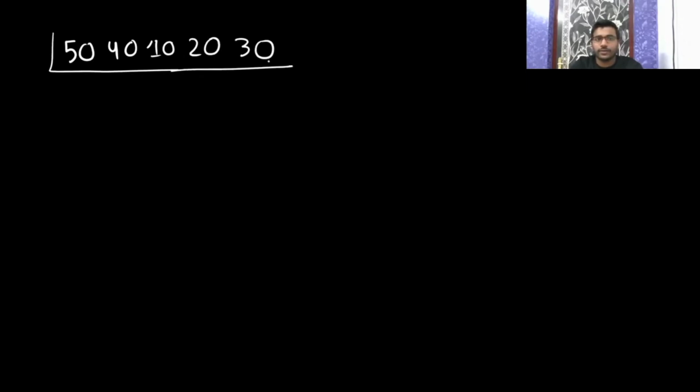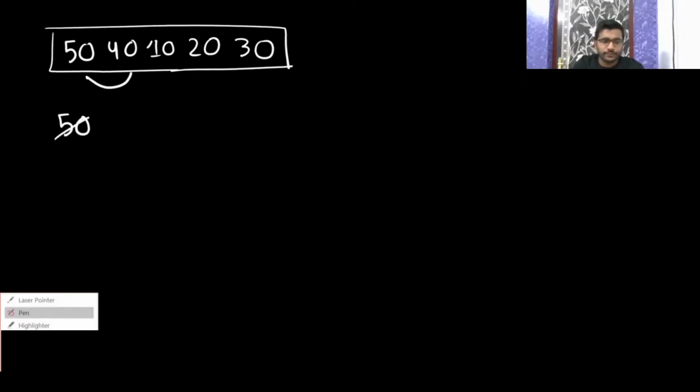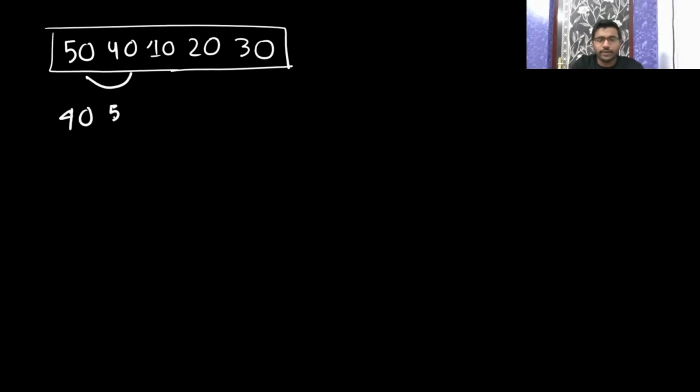Let's assume you are having some elements like 50, 40, 10, 20, 30. You swap, so 50 will be here, first 40 goes ahead, so you get 40, 50, then 10, 20, 30.